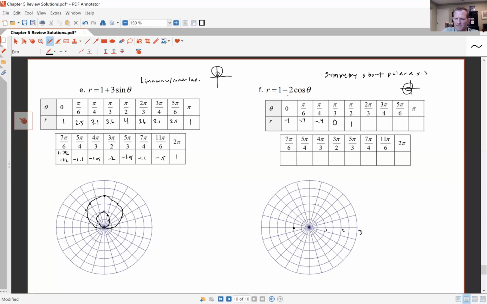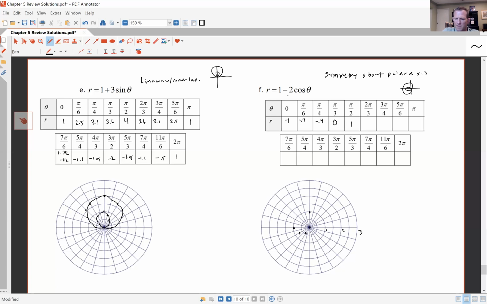At pi over 6, we're at negative 0.7. At pi over 4, we're at negative 0.4. At pi over 3, we're at 0. But at pi over 2, we're at 1.